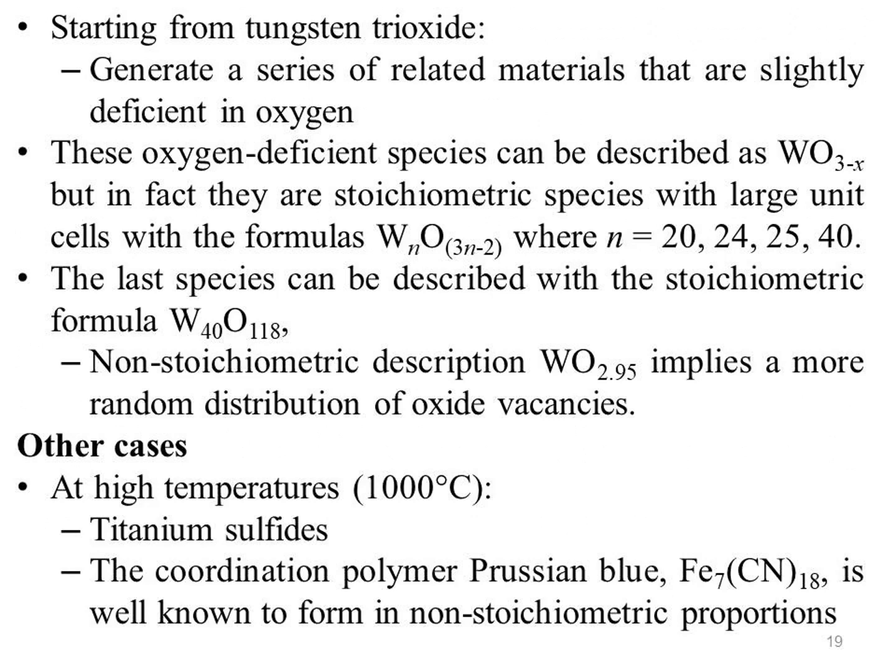Starting from the idealized material tungsten trioxide, one can generate a series of related materials that are slightly deficient in oxygen. These oxygen deficient species can be described as WO3-x, but in fact they are stoichiometric species with large unit cells with the formula WnO3n-2, where n is equal to 20, 24, 25 and 40.